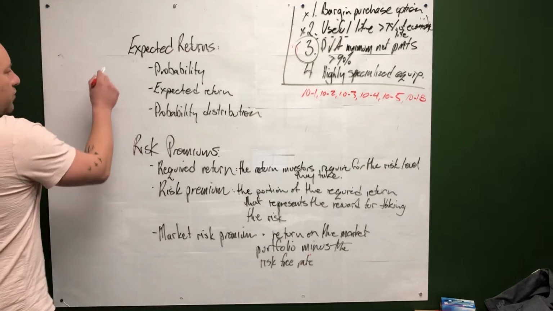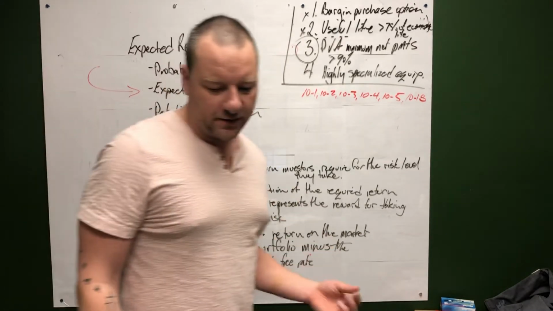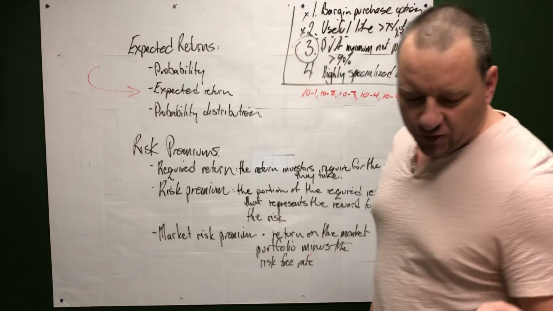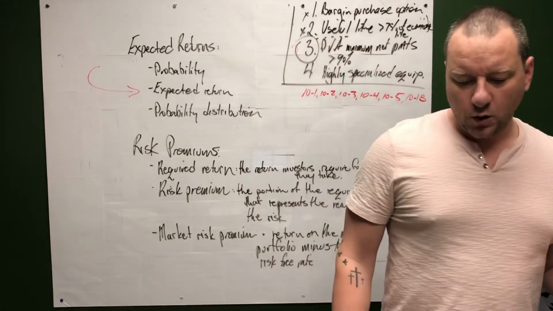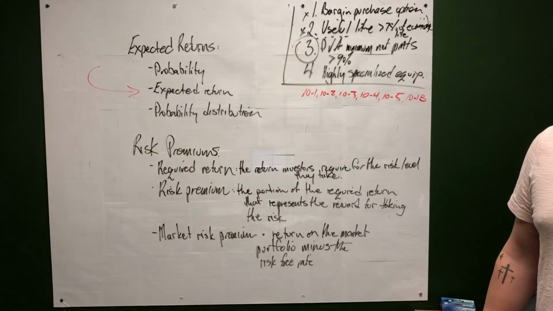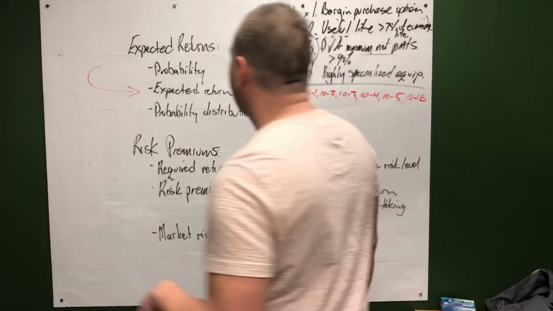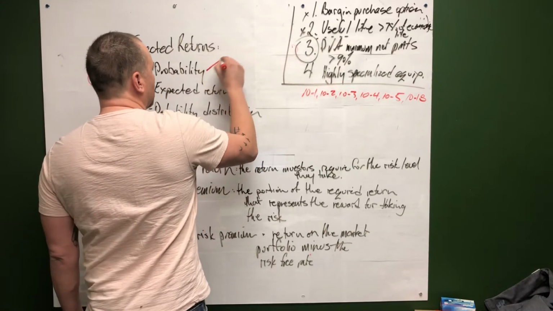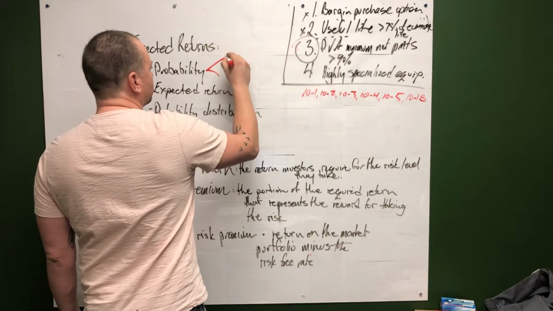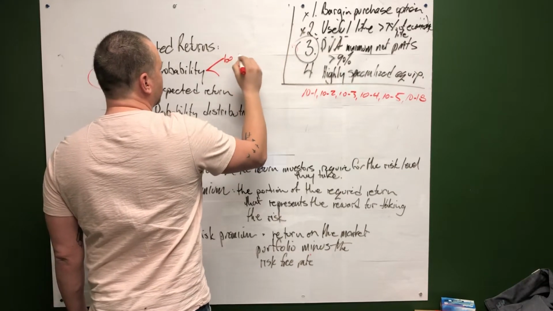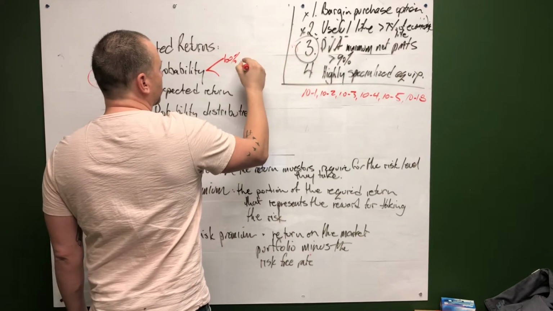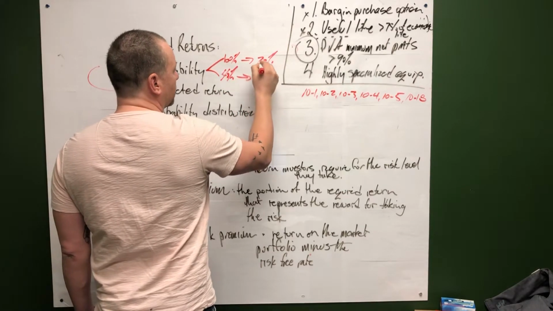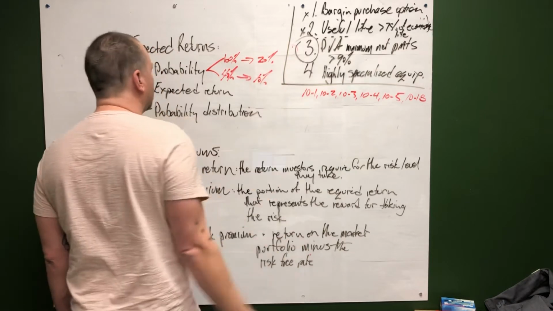Now we can take that and calculate our expected return. The expected return is the average of all the possible returns weighted by the likelihood of those returns occurring. So let's say there's a 60% probability of a 20% return, and a 40% probability of a 10% return.